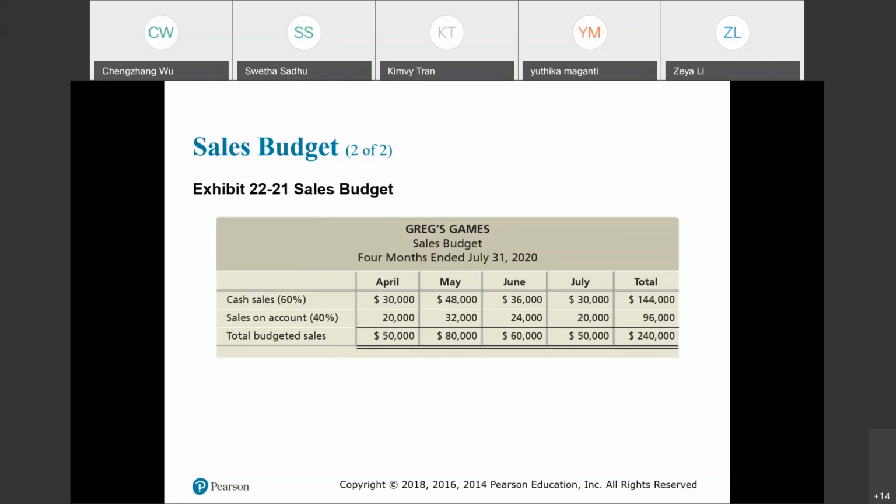Budgeted total sales for each product equal the sales price multiplied by the expected number of units sold.